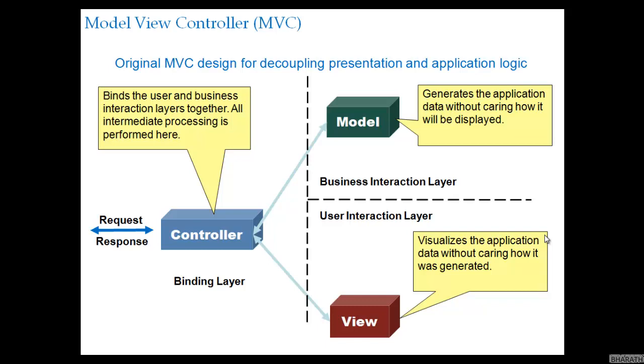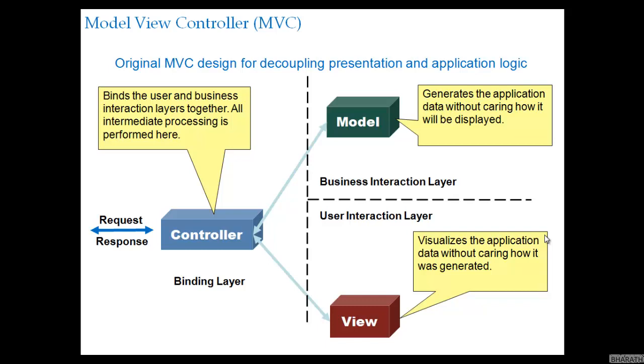For the model, it doesn't matter how data is being displayed in the view. The purpose of the model is to generate the application data without caring how it will be displayed. So as per MVC architecture, we have model, view and controller, and each component will take care of its own activity.